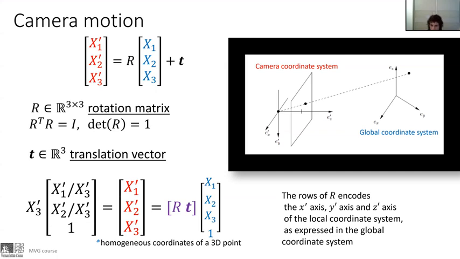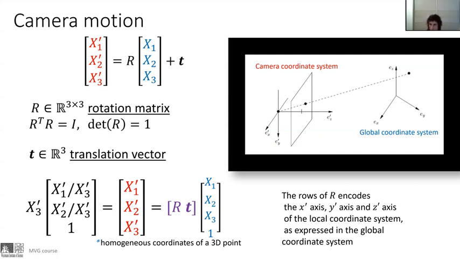In order to do that, the rows of the rotation matrix are the coordinates of the local coordinate system as expressed in the global coordinate system.